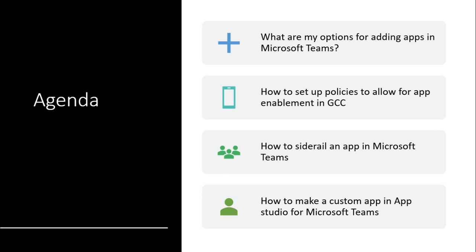So we mentioned it before on our call, but side railing is a pretty recent release in GCC, which allows you to actually pin an app to the left-hand side rail for all of your organization to see. And lastly, Glenn is going to go through App Studio, which is how you specifically make a custom app inside of Microsoft Teams. So just a few slides before we jump into the good stuff.